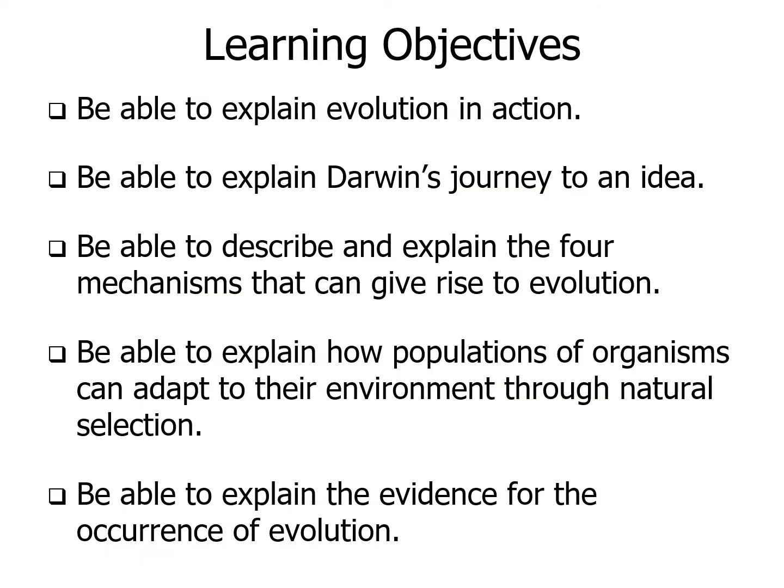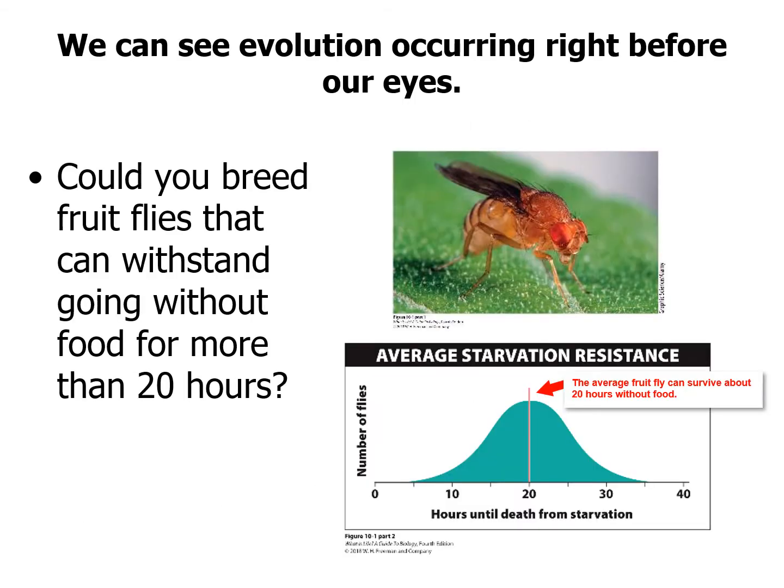Of course, we start with our learning objectives, and I again believe you can read through these if you'd like to. So how we're going to start talking about evolution is by putting forth a situation that we want to create.